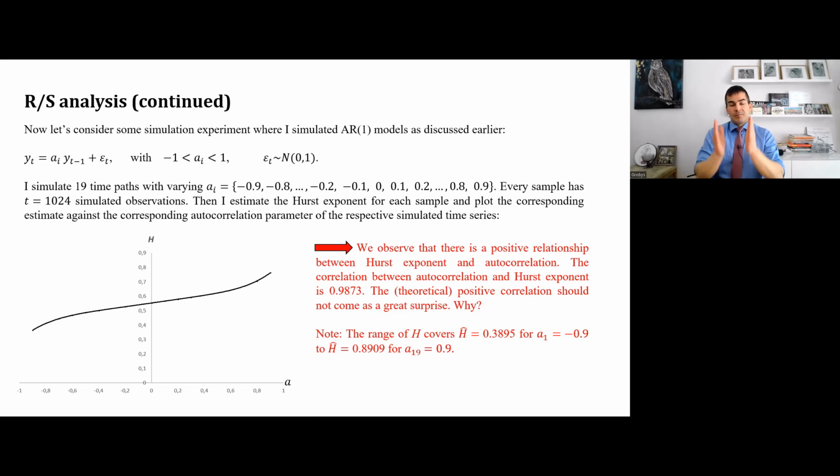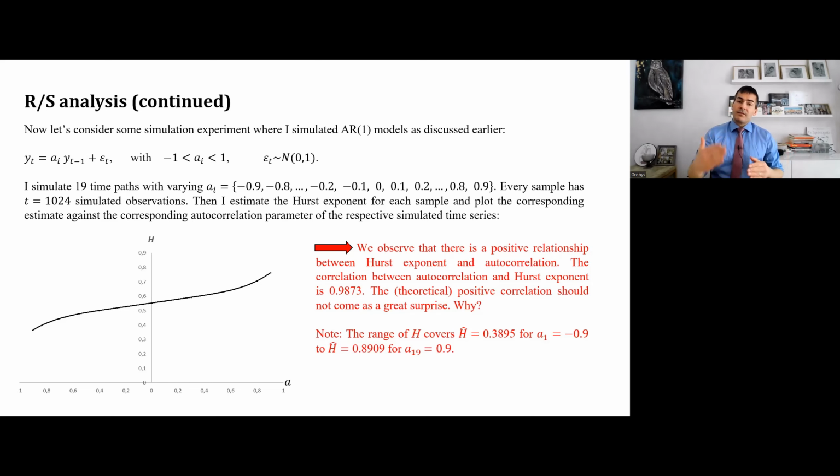Well, an autocorrelation parameter that is larger than 0 but smaller than 1 suggests positive dependency, right? Whereas an autocorrelation parameter that is larger than -1 but smaller than 0 suggests negative, anti-persistent behavior.